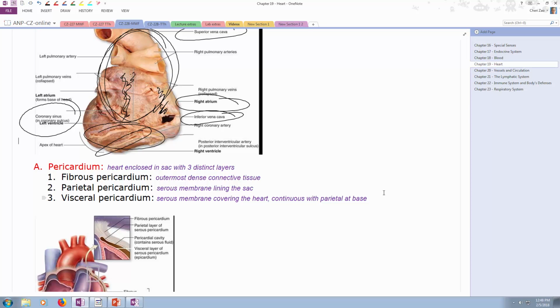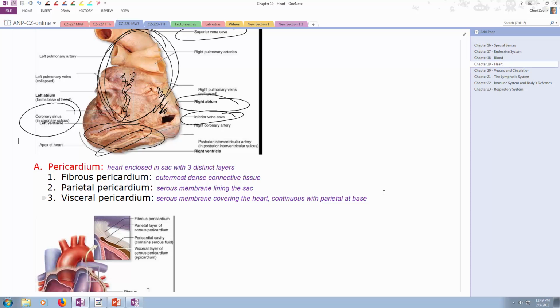Now, the sac is going to have a nice lining that's going to be very different on the inside than the external surface. Which is going to have the slicker lining, inside or outside? Inside. And that's the serous pericardium. And the serous pericardium, which is simple squamous epithelium, has 2 layers to it, 2 components to it.